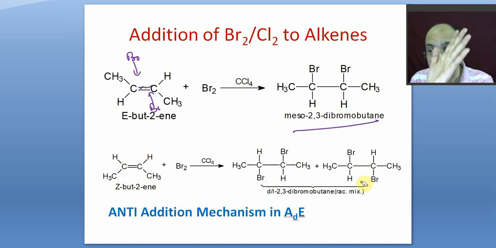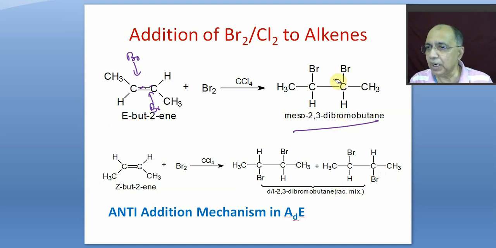This has a fixed identity. Nothing to do with meso. Meso and any one of these, they are diastereoisomers. So in this case, the mixture, DL mixture, RR and SS, the DL mixture is a fixed identity. So the Z-but-2-ene giving the racemic mixture, while the E-but-2-ene gives a meso compound.